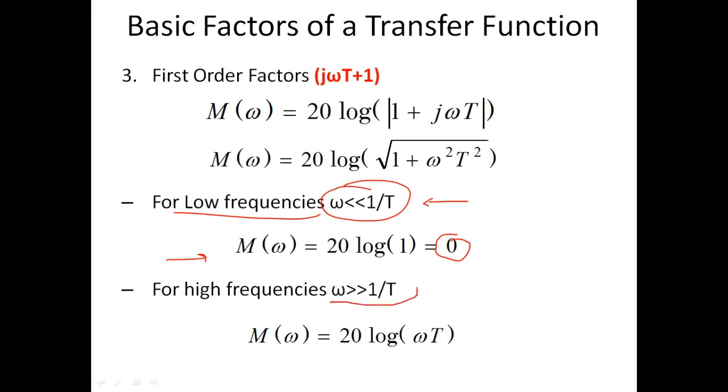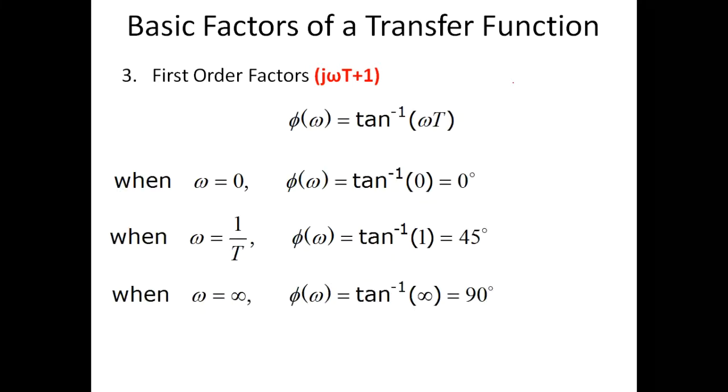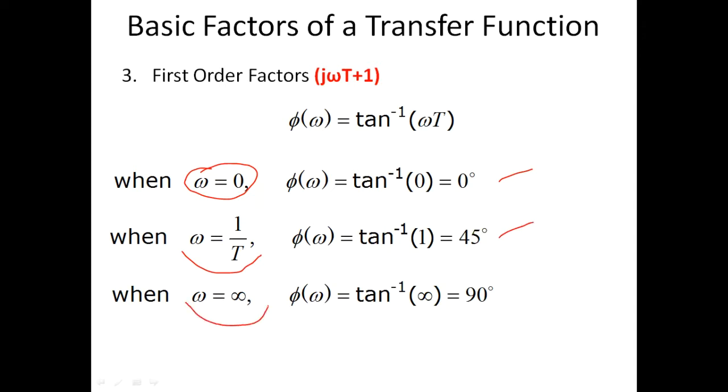However, for high frequencies, that means if w is greater than 1 over T, the magnitude becomes 20 log wT. For the phase angle, when w equals 0, the phase angle equals 0. When w equals 1 over T, the phase angle equals 45 degrees. And when w is infinity, we'll have 90 degrees as the phase angle.